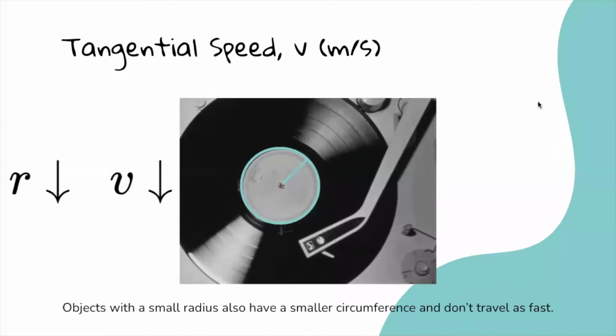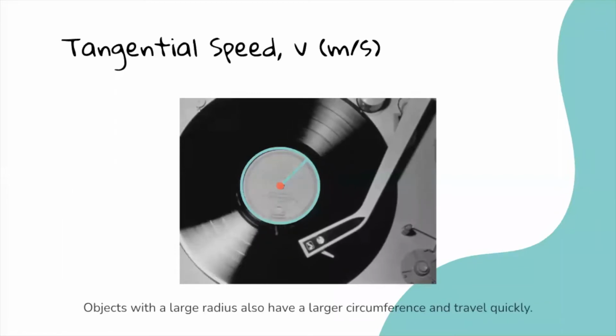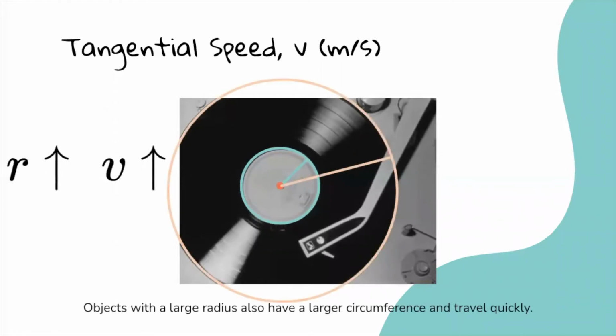That point in the center has 0 speed because it travels 0 distance. And the opposite is true. If I have a large radius, then it travels a big distance and has to travel quickly. So if you look at this larger radius circle, it has to travel a longer distance and so travels faster.